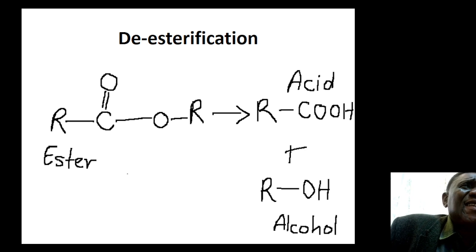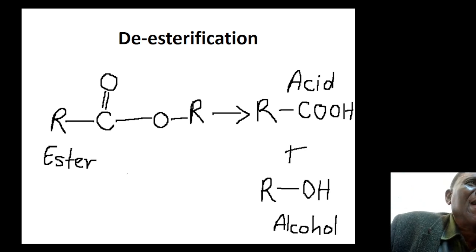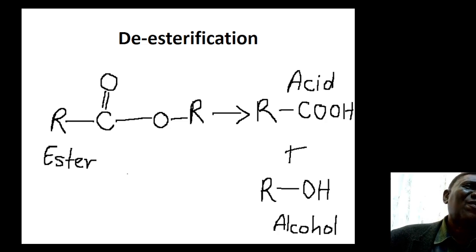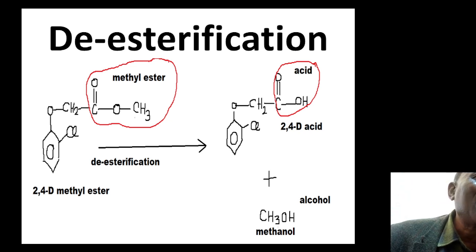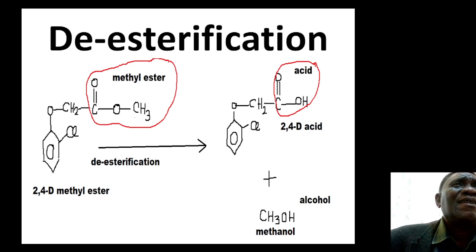Well, that is the chemical representation of an ester, which can split into an acid and an alcohol. Here we've got the 2,4-D methyl ester, which can be split into 2,4-D acid and alcohol.